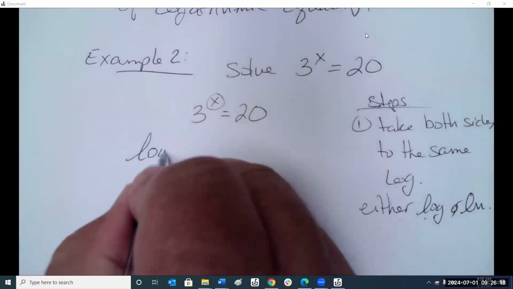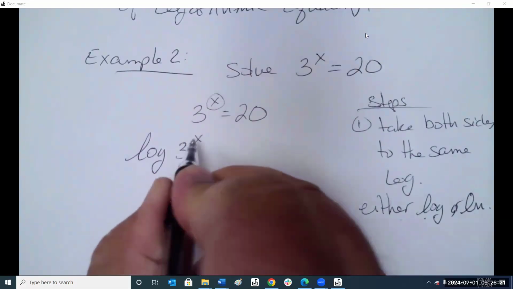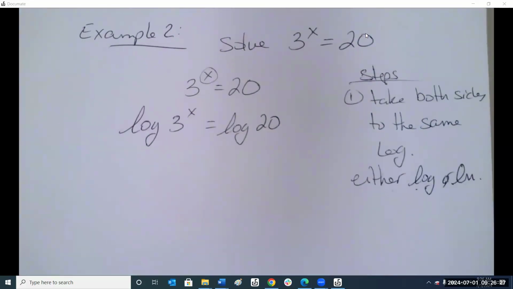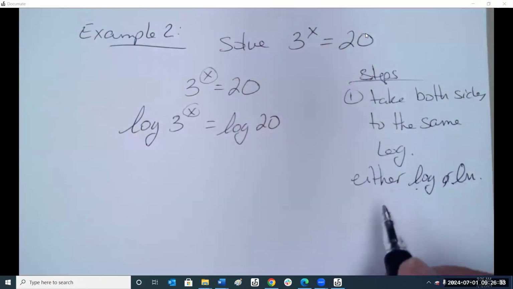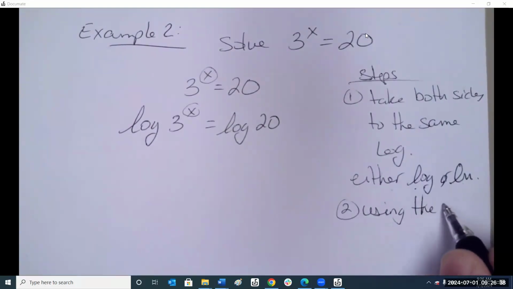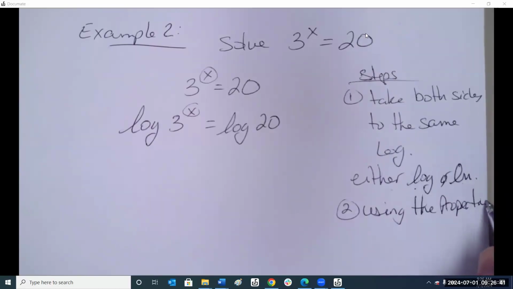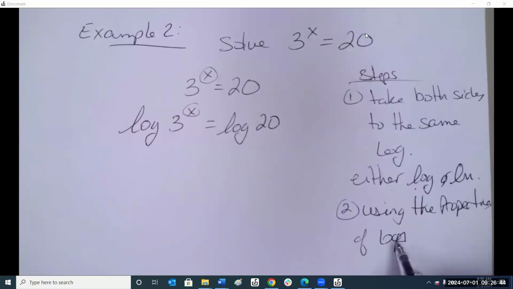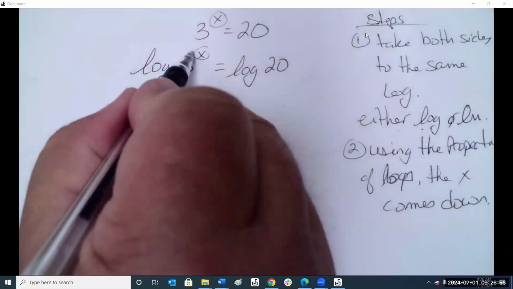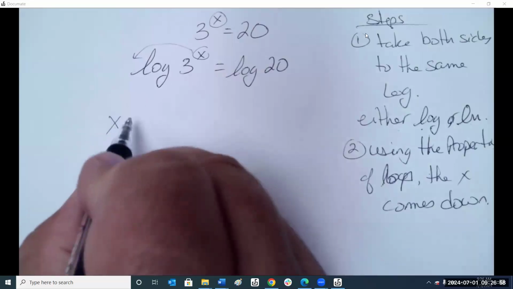So here, take the log of both sides. By using the properties of logs, the x comes down. So that x is now a coefficient.